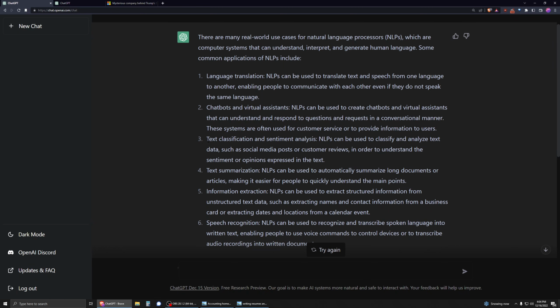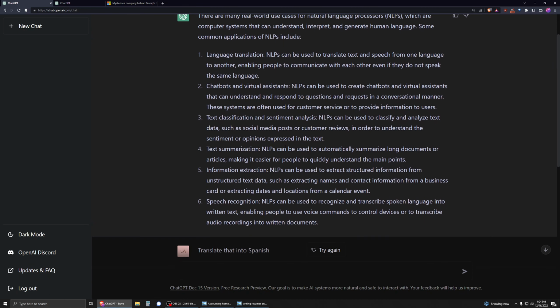Let's see, text classification, sentiment analysis. That's a little bit of a more advanced use case for developers. So not something everyone is going to be doing, but that is a really good use case. Like if you are an algorithmic trader, sentiment analysis can be very useful.